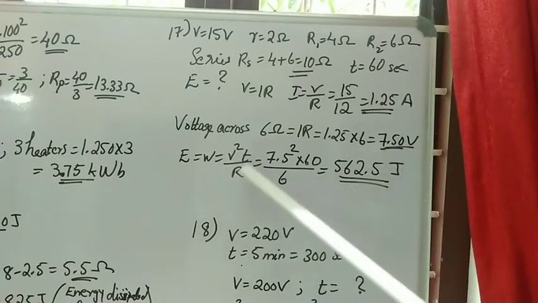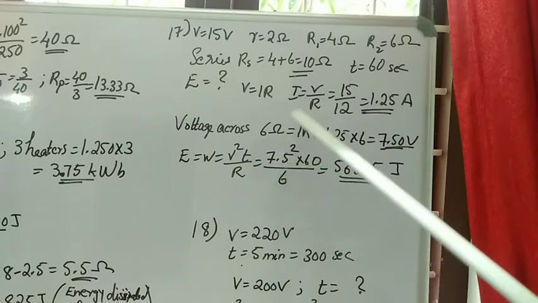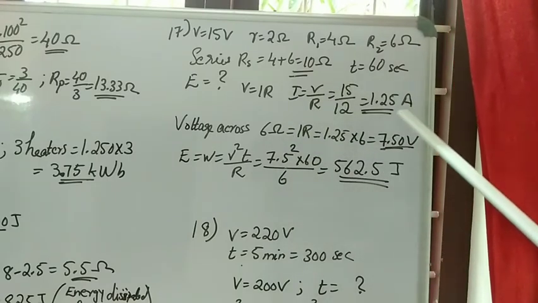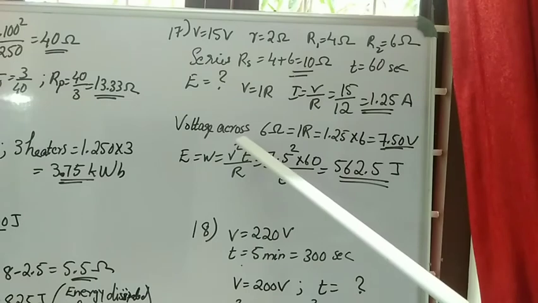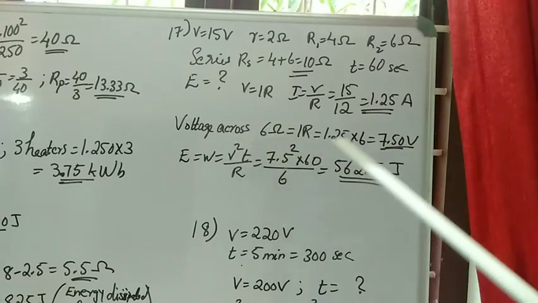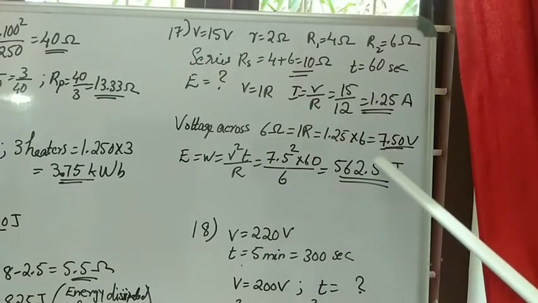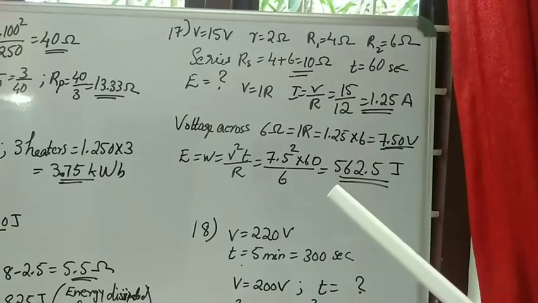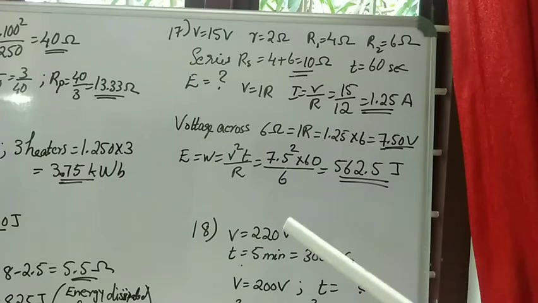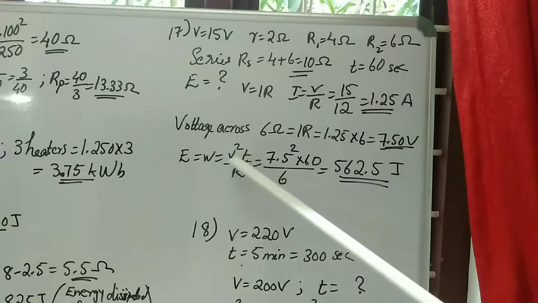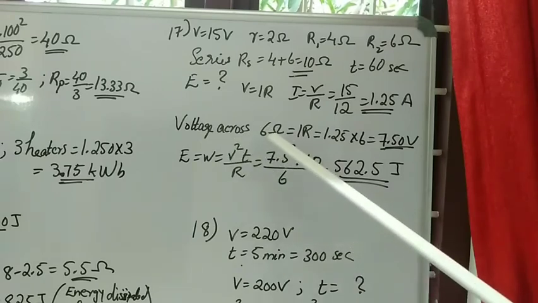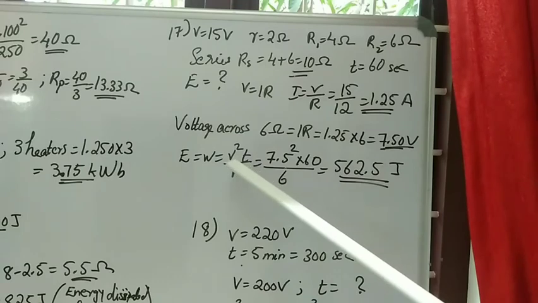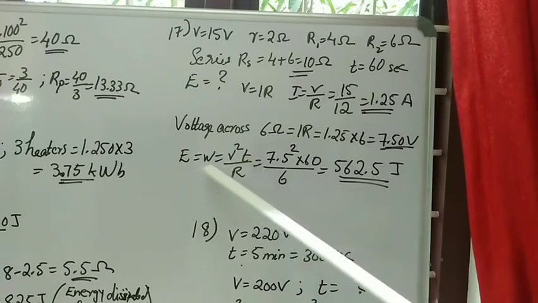Now we can find the electrical energy. E is equal to V square T by R. V square, we got the final voltage across the 6 ohm resistance, so we have to take this 7.5. Because, I repeat, in the question it is specified that we have to calculate the electrical energy across the 6 ohm resistance. The voltage across 6 ohm is not asked directly, but we have to find it because that value we should substitute in the electrical energy or work done.